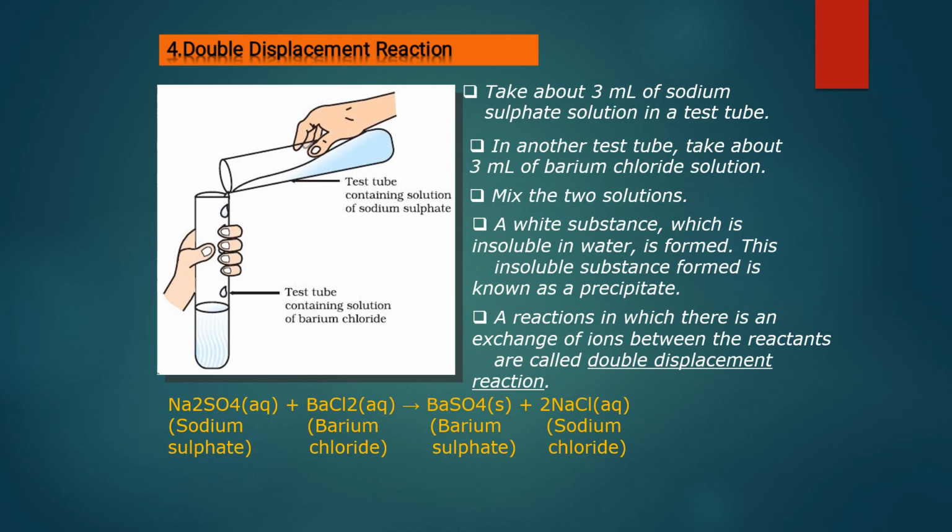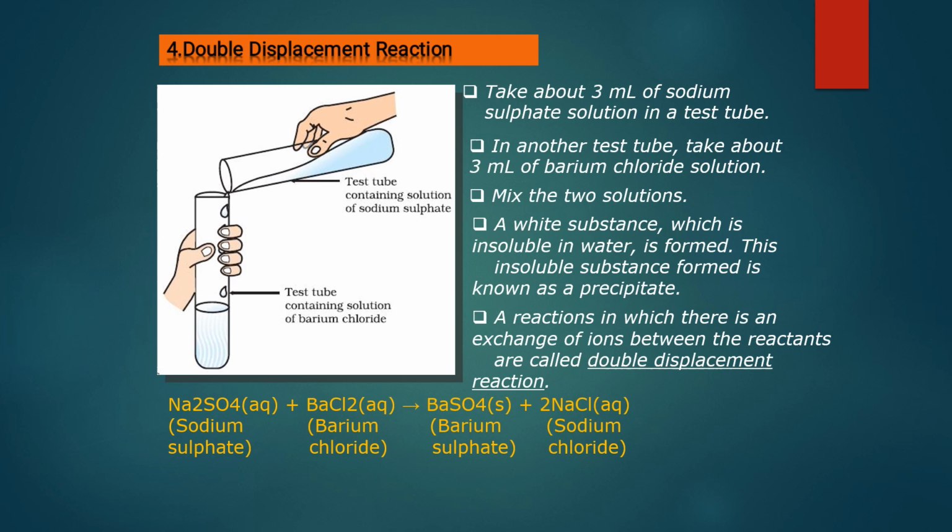We have to take 3 ml of sodium sulfate solution in a test tube and in another test tube 3 ml of barium chloride solution. Just mix the two solutions. We will find that a white precipitate which is insoluble in water is formed. This insoluble substance formed is known as a precipitate.